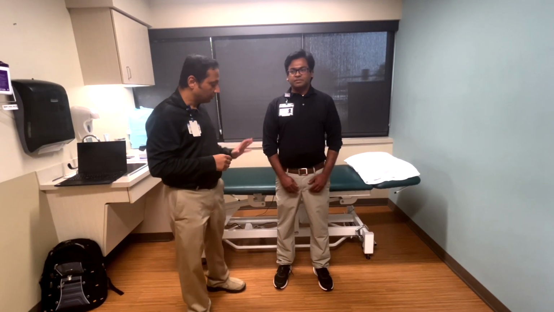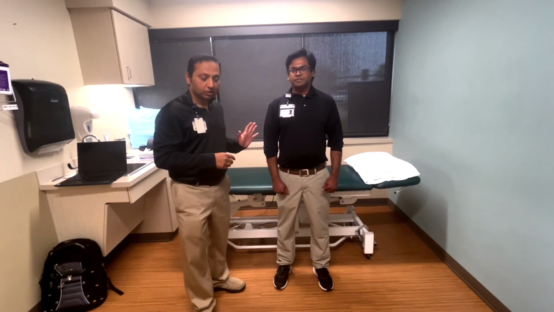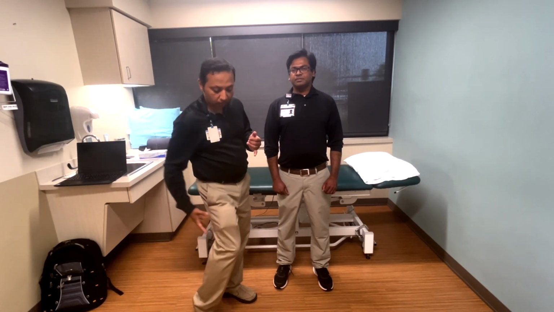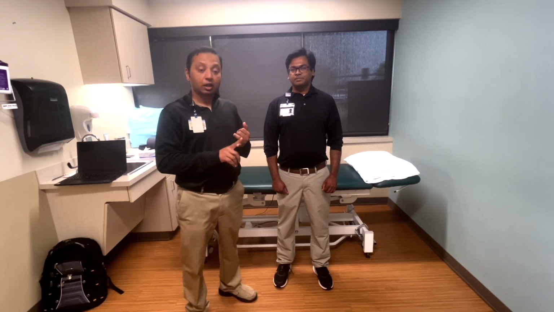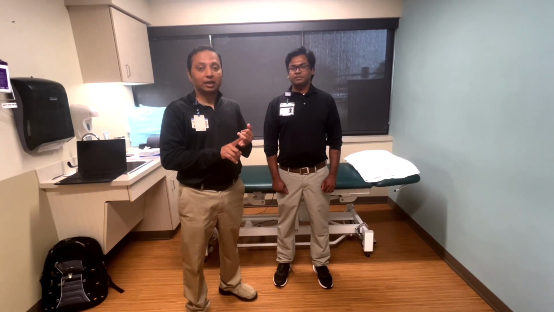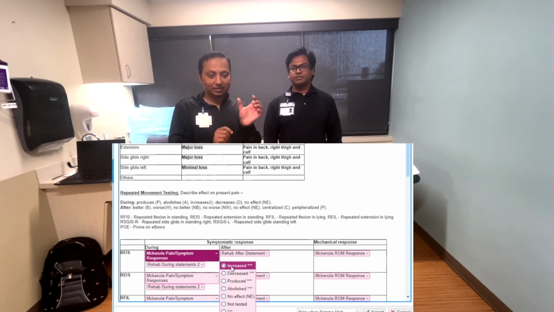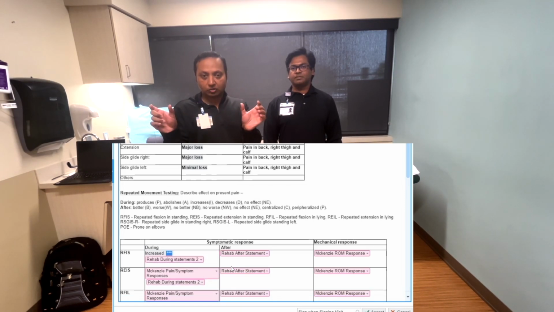Secondly, from a symptomatic perspective, the patient said pain or symptoms increased in all of the locations, including the calf, during, and it remained worse. So in the SmartPhrase, in the tabular column next to repeated flexion in standing, we have symptomatic response and mechanical response.